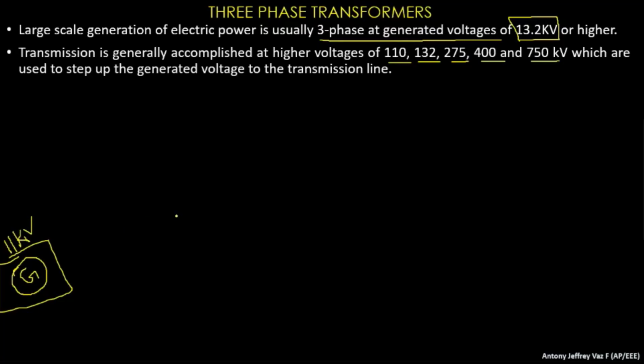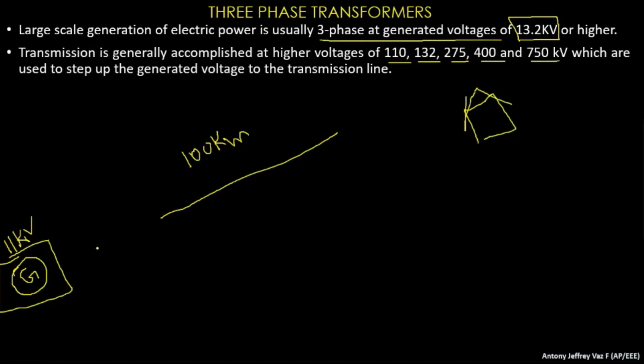You have a very long transmission line of 100 kilometers. You are going to supply the power to Madurai. Okay, let us assume like that. Okay, it is in Thoothukudi. You are going to supply power to Tirunelveli. Okay, let us make it like this. And here you have a small factory over here, or your house over here in Tirunelveli.